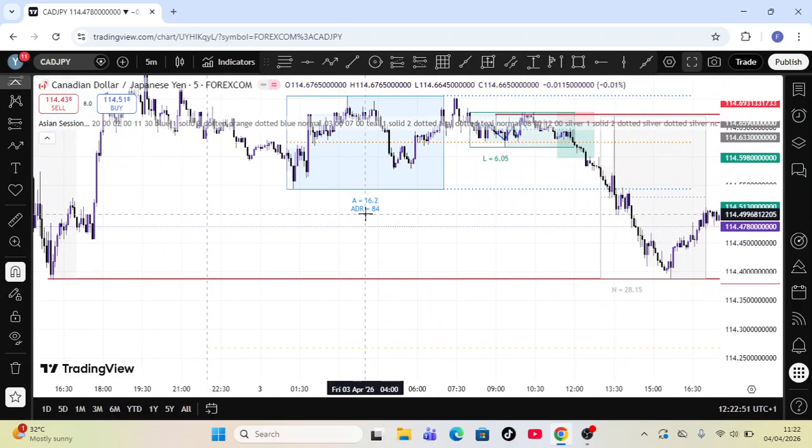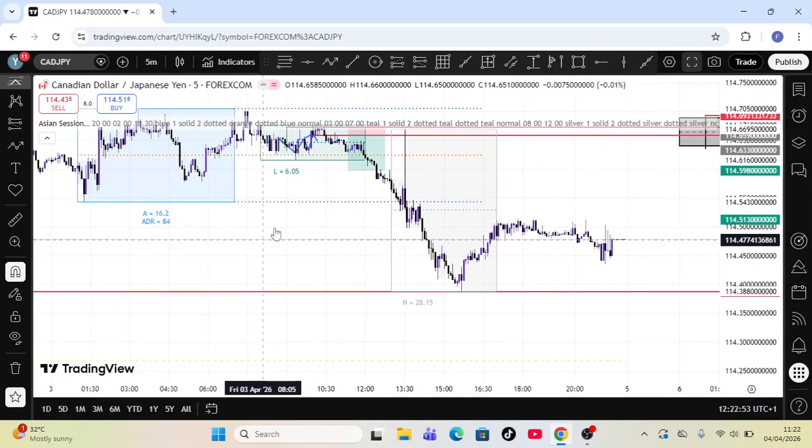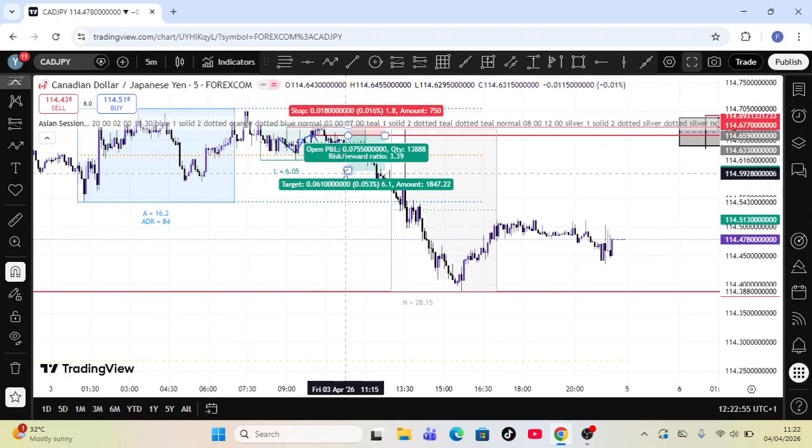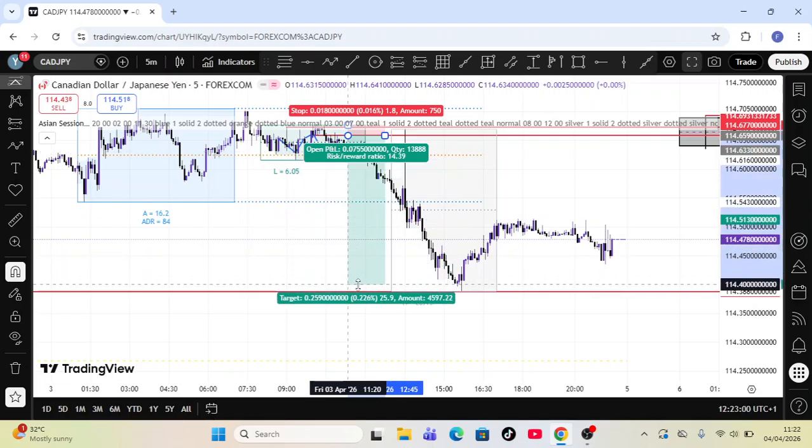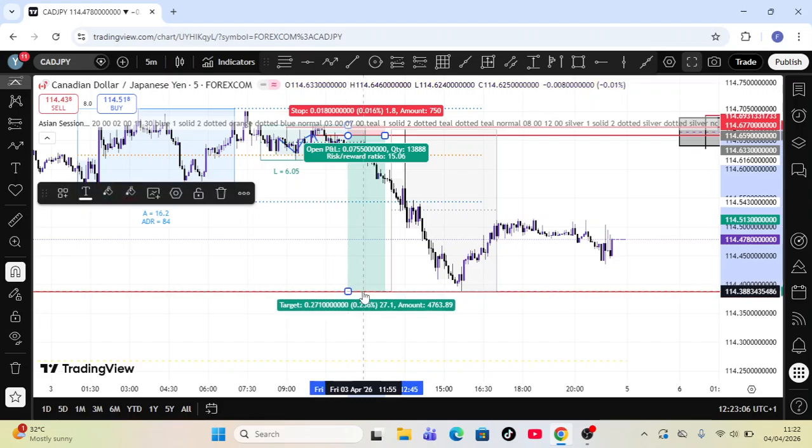Flip it. And I was targeting it. But when I get 1 is to 1.5, I was okay. So when I get 1 is to 1.5, I was okay with it.